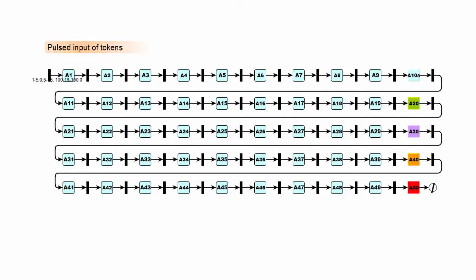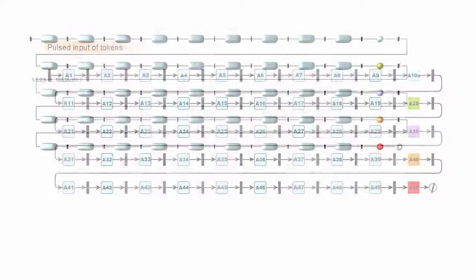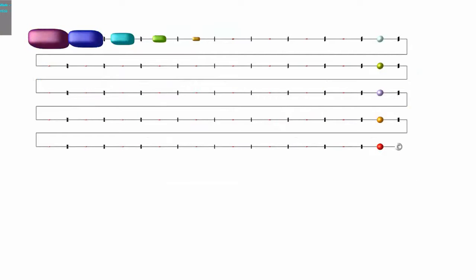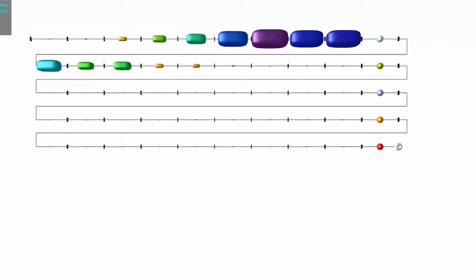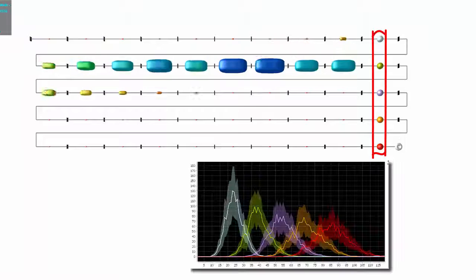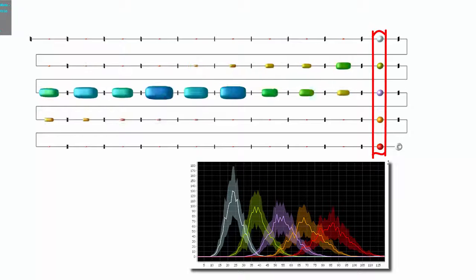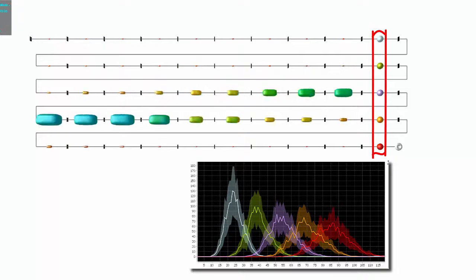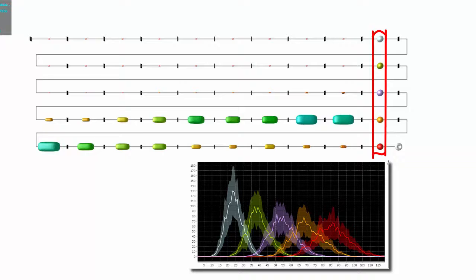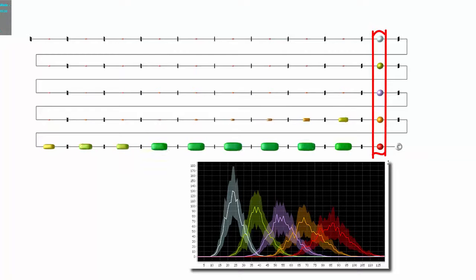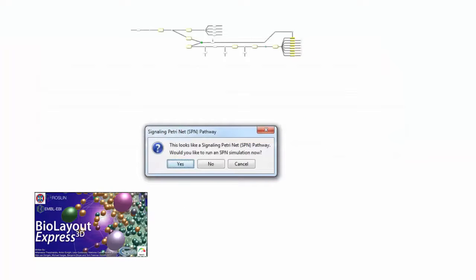Tokens move from one component to another when a transition node is fired. The transmission of tokens through a transition node is based upon certain simple rules and is essentially random, or in other words, stochastic. During a simulation, tokens will move down the pathway and represent the activity status of a given component at a fixed point in time.